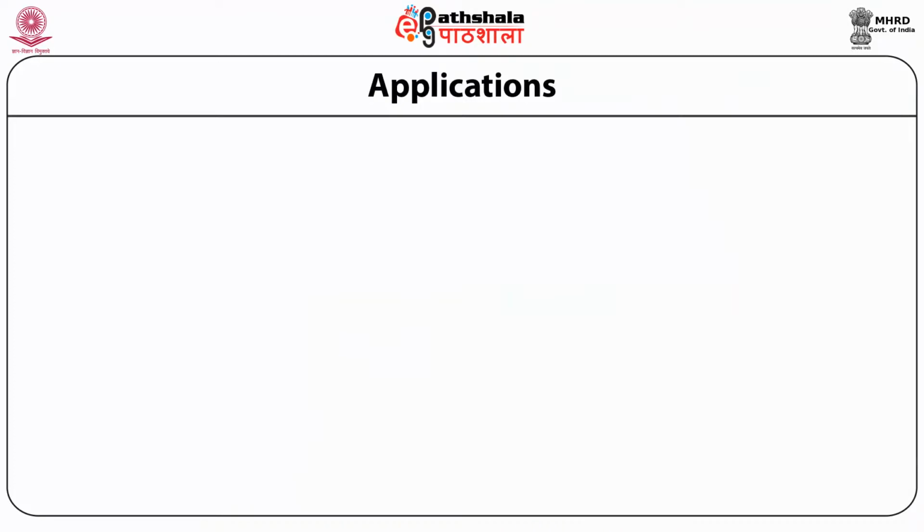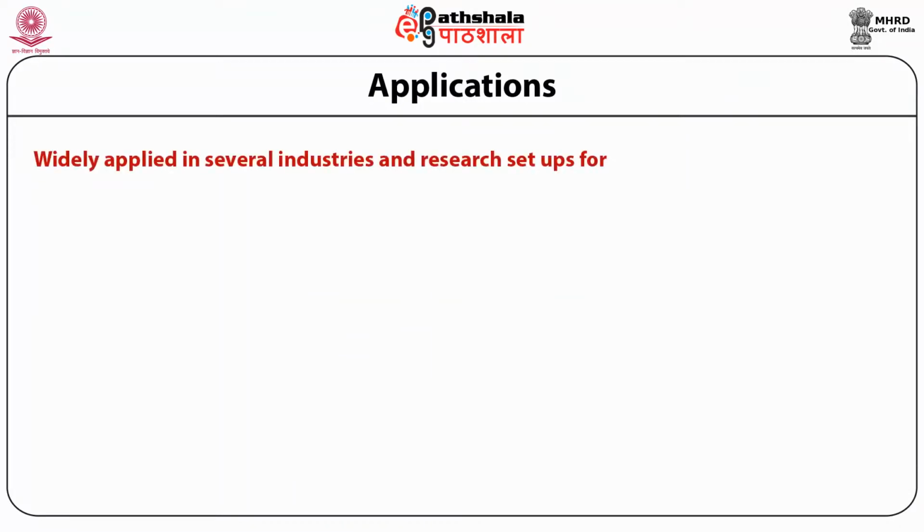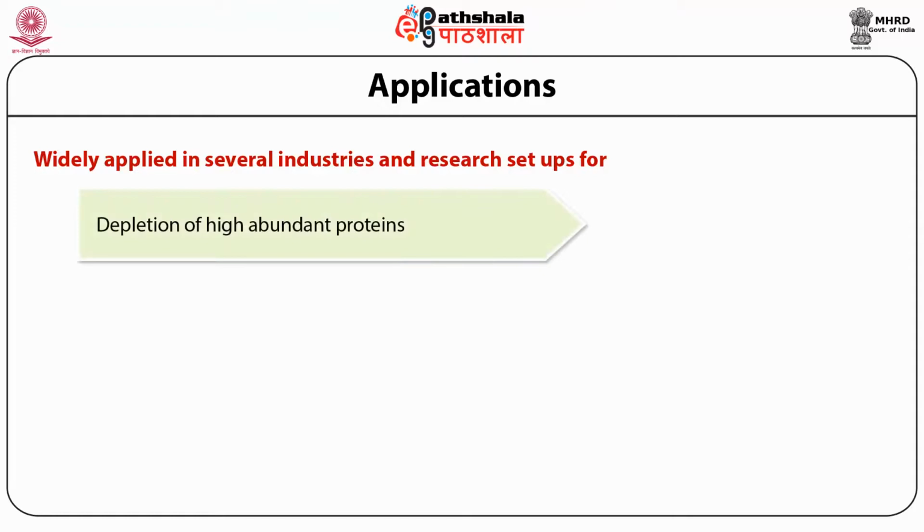Immobilized affinity ligands to target biomolecules are widely used in several industries and research setups. The common application of affinity-based chromatography is in depletion of highly abundant proteins. Suppose I take an example of researchers who are doing proteomics of serum, and they want to work on low abundant proteins.